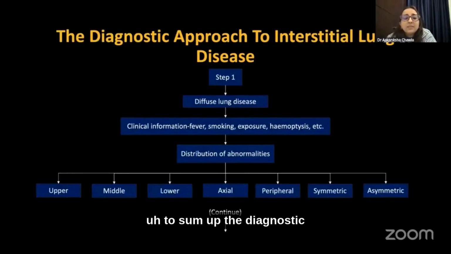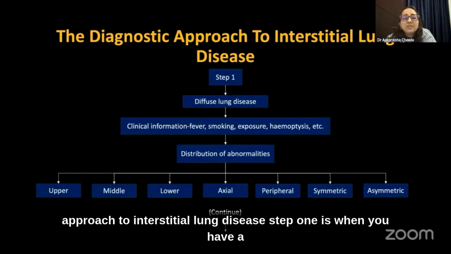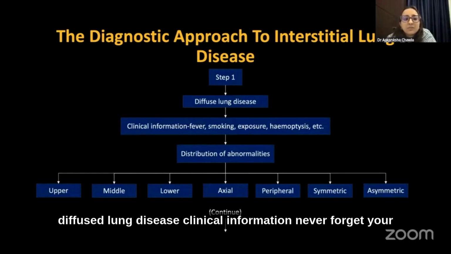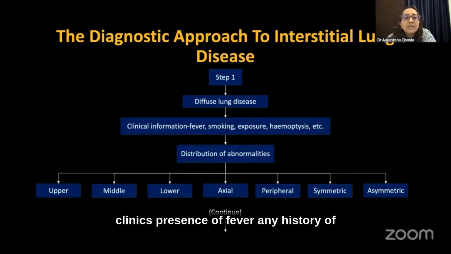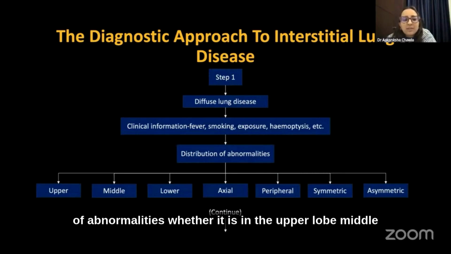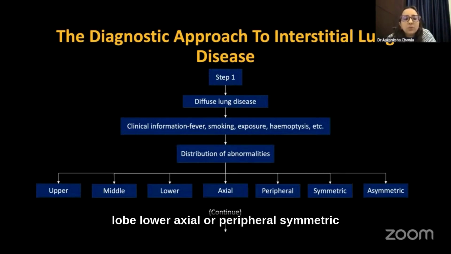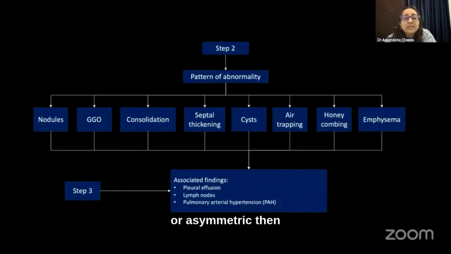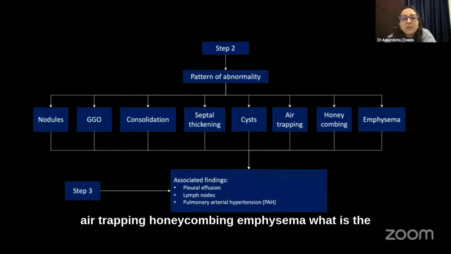So, to sum up, the diagnostic approach to interstitial lung disease: step one, when you have a diffuse lung disease, is clinical information. Never forget your clinics. Presence of fever, any history of smoking, exposures, hemoptysis, anticoagulation. Then distribution of abnormalities, whether in the upper lobe, middle lobe, lower, axial or peripheral, symmetric or asymmetric. Then pattern of abnormality: nodules, ground glass opacity, consolidation, septal thickening, cysts, air trapping, honeycombing, emphysema.